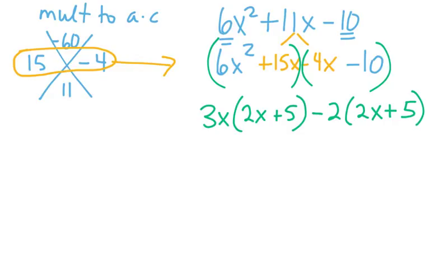Okay, so now I'm going to factor out the 2x plus 5. That's now my greatest common factor, and I'm left with 3x minus 2. I can multiply back together, and I will get my 6x squared plus 11x minus 10.